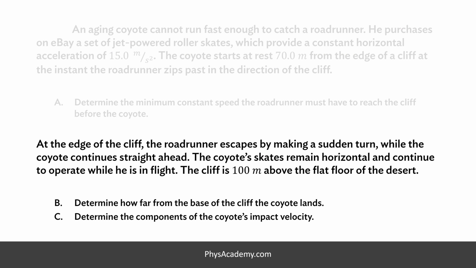Now let's work through part B. In part B, we have a classic example of projectile motion. Let me sketch a side view of the situation to better understand what is happening.